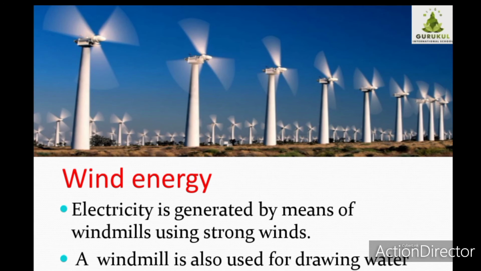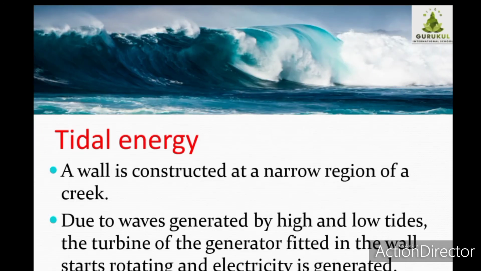The next type of energy is tidal energy. Tidal, or tides, means waves. So from the waves of oceans or seas, energy can be created. How is it created? A wall is constructed at a narrow region of a creek.